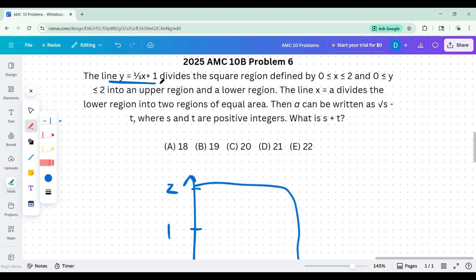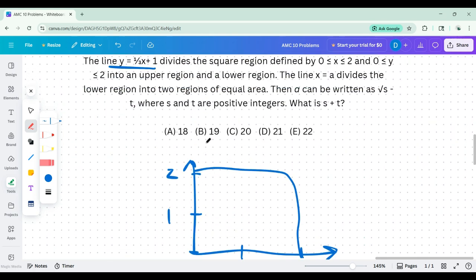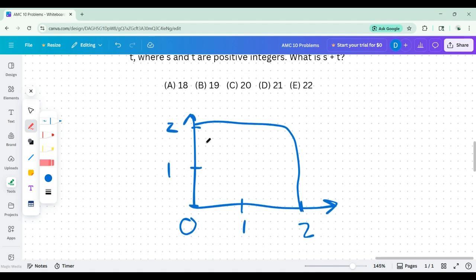And it says that the line, this line, we can draw this line, y is equal to 1/3 x plus 1.